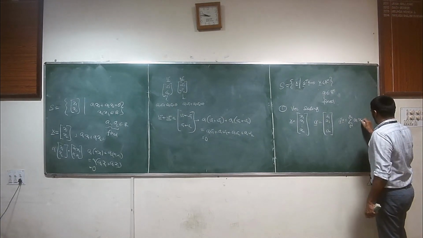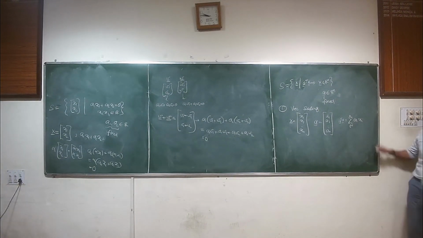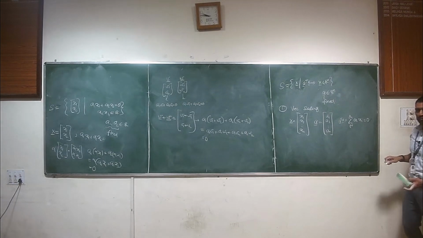It is the sum of ai xi, that's all. And this is equal to 0.